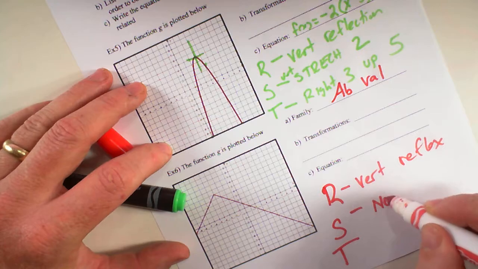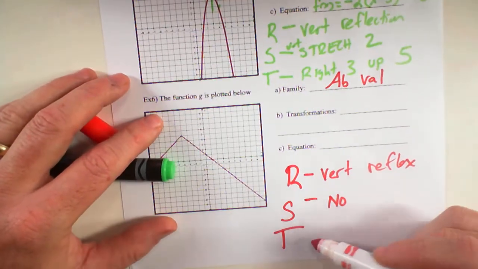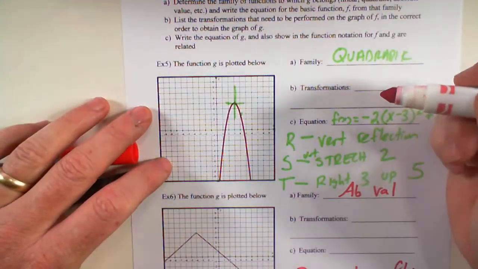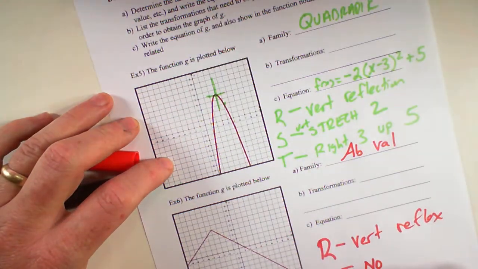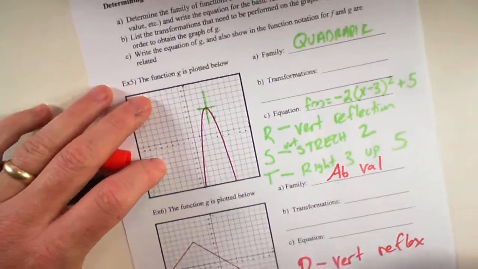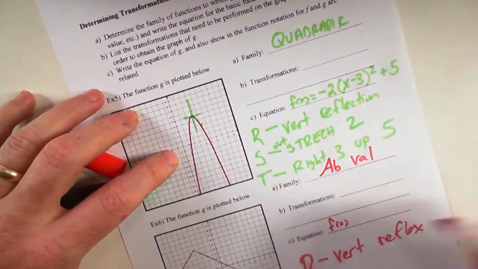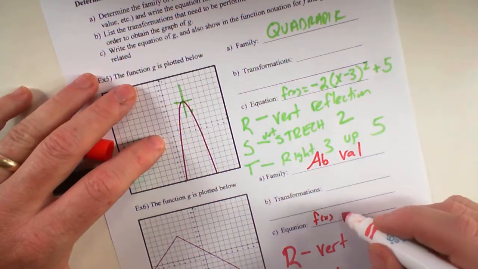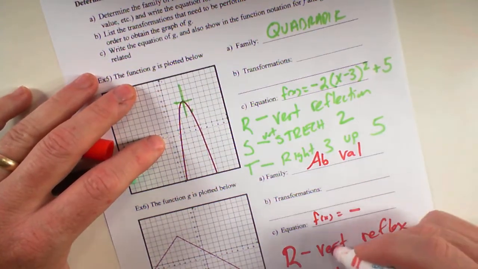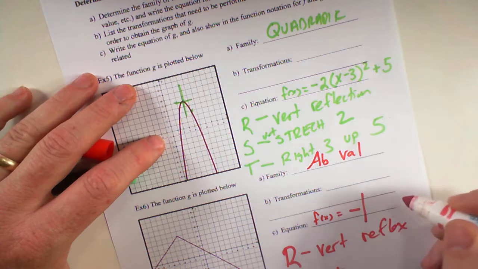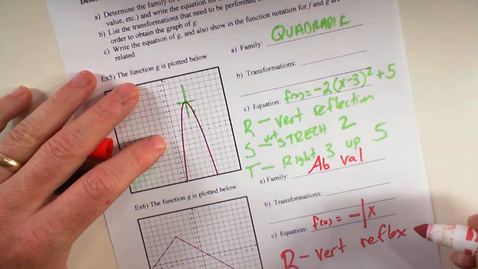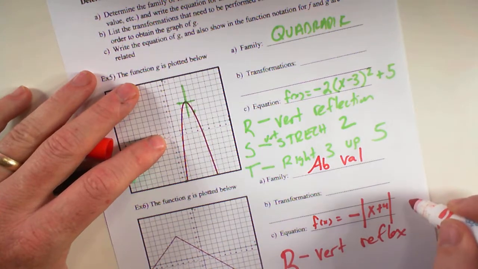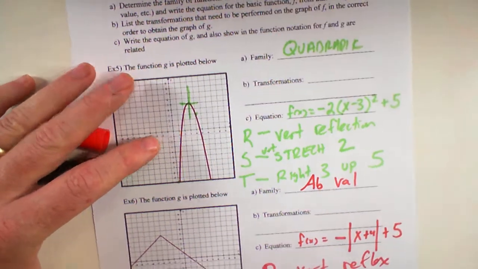So no. Translations, I have gone back 4, up 5. So left 4, up 5. And my equation would be f of x equals negative, because of the reflection, absolute value of x left 4, plus 4, up 5 would be plus 5.